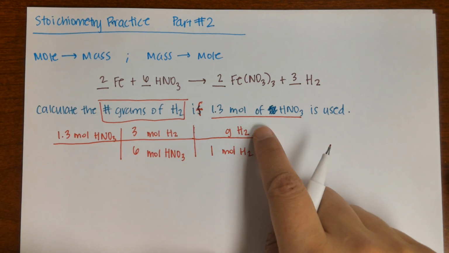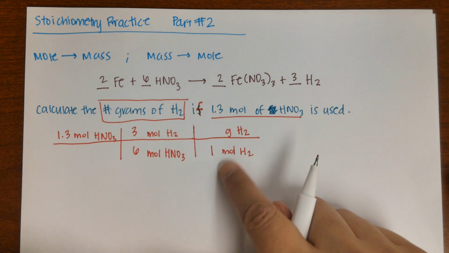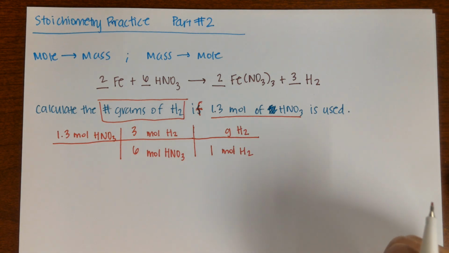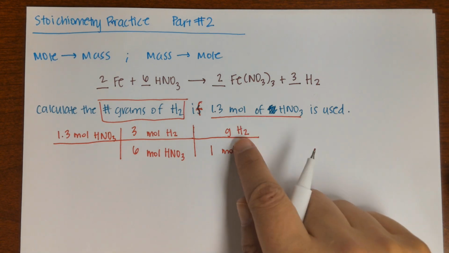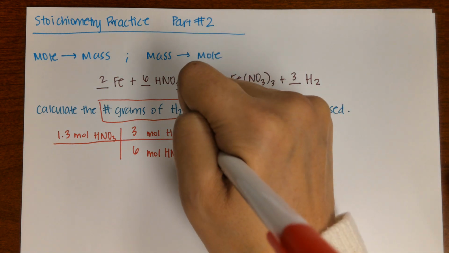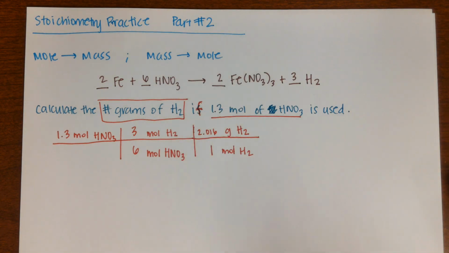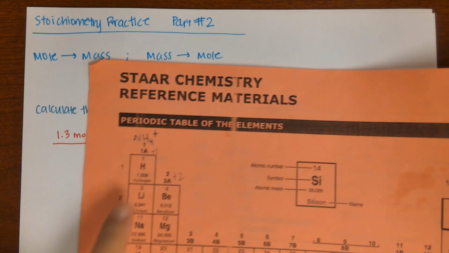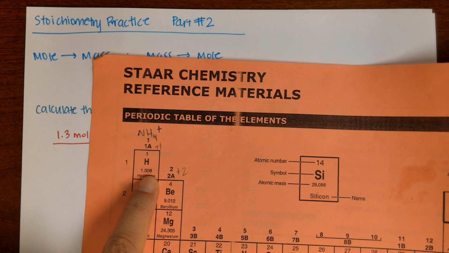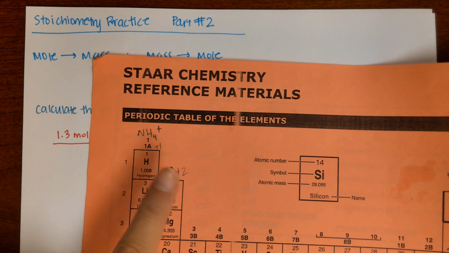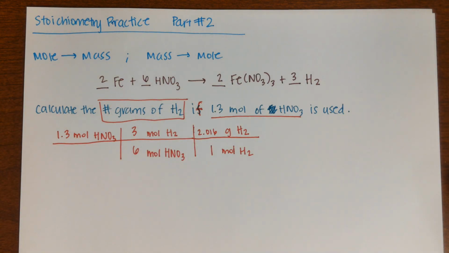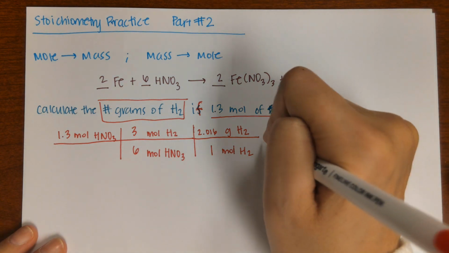So this is grams of H2 per 1 mole of H2. Grams of anything, we get from the periodic table. So 2 hydrogens becomes 2.016. Again, as a reminder, hydrogen is 1.008 for 1 hydrogen. Multiply that by 2 for H2, and that's what you get, 2.016.